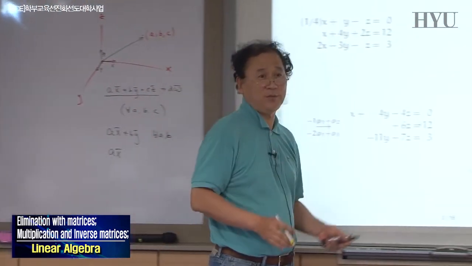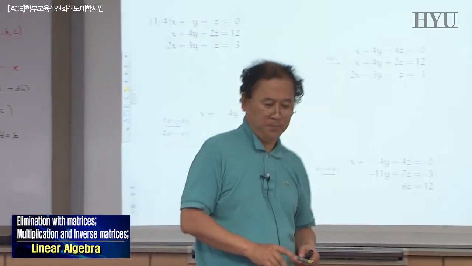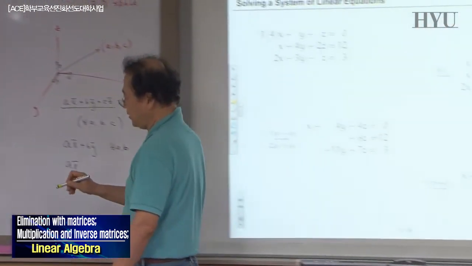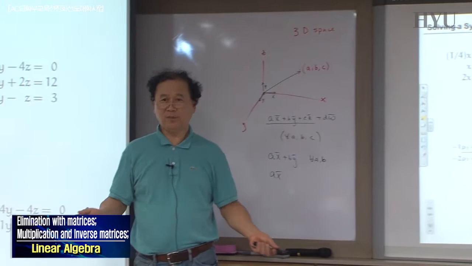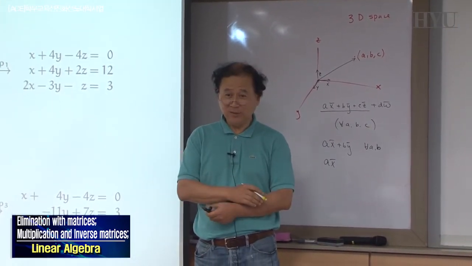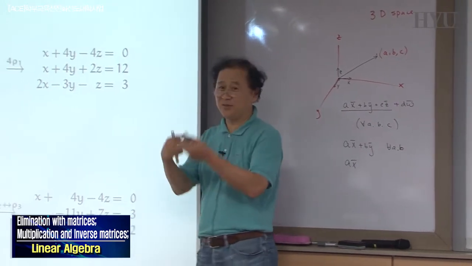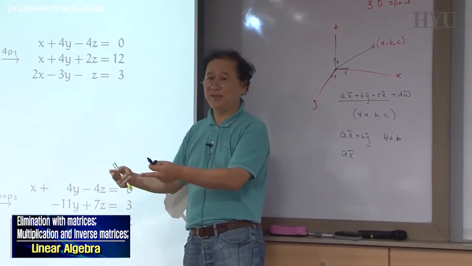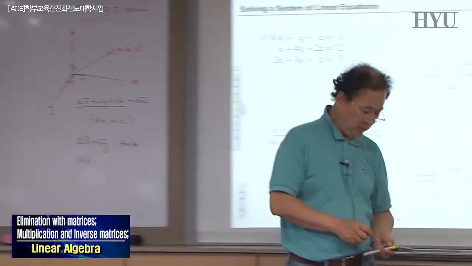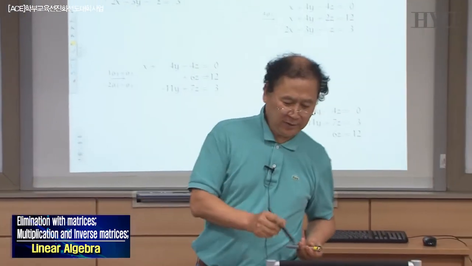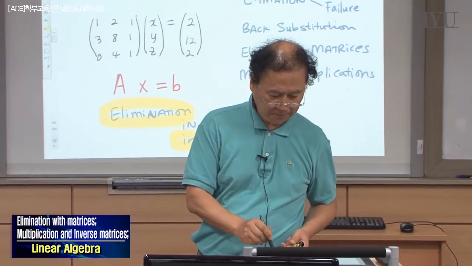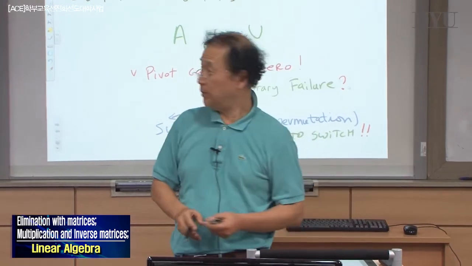That's all we do here. Once we get this, the problem is almost solved. We can get z, then from back substitution, we can solve y, then x. All the difference is just that we use matrix forms.